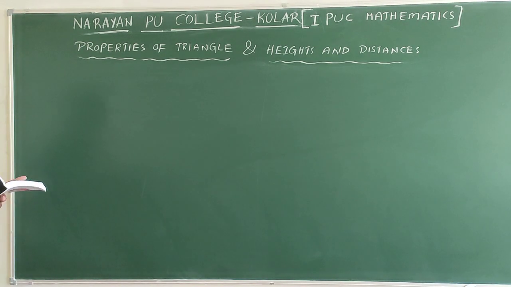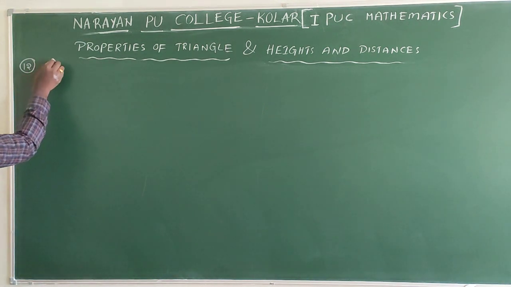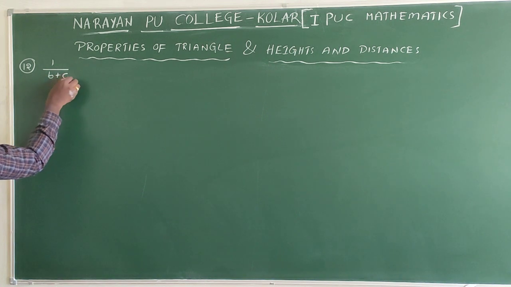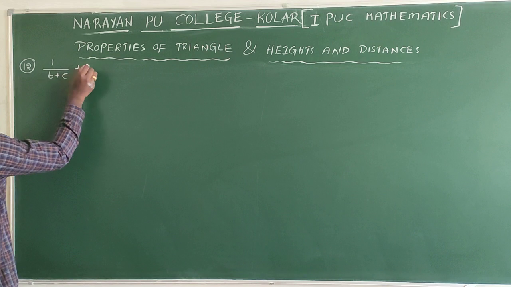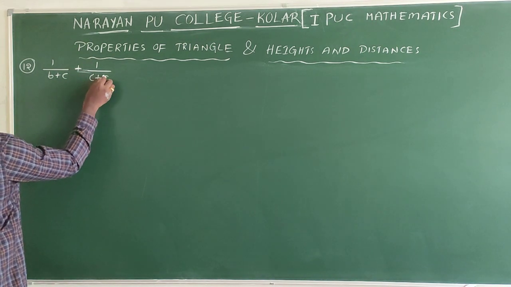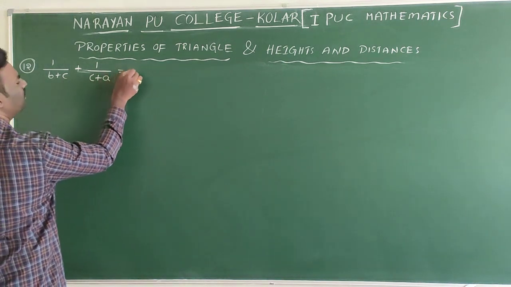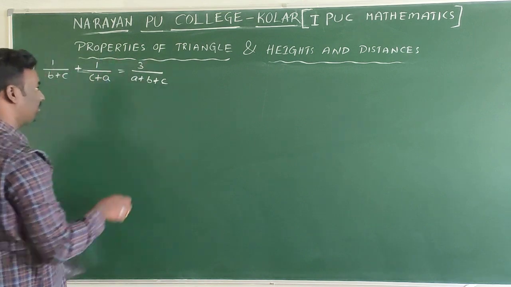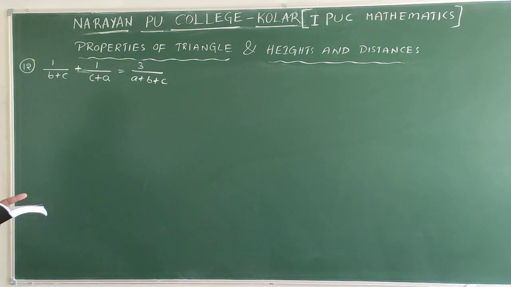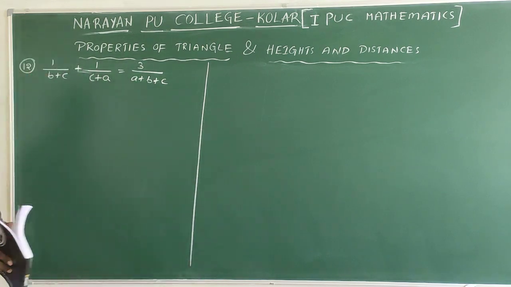Next, 12th question. In triangle ABC, 1 by B plus C, plus 1 by C plus A is equal to 3 by A plus B plus C. Then we need to find the value of C. Okay.